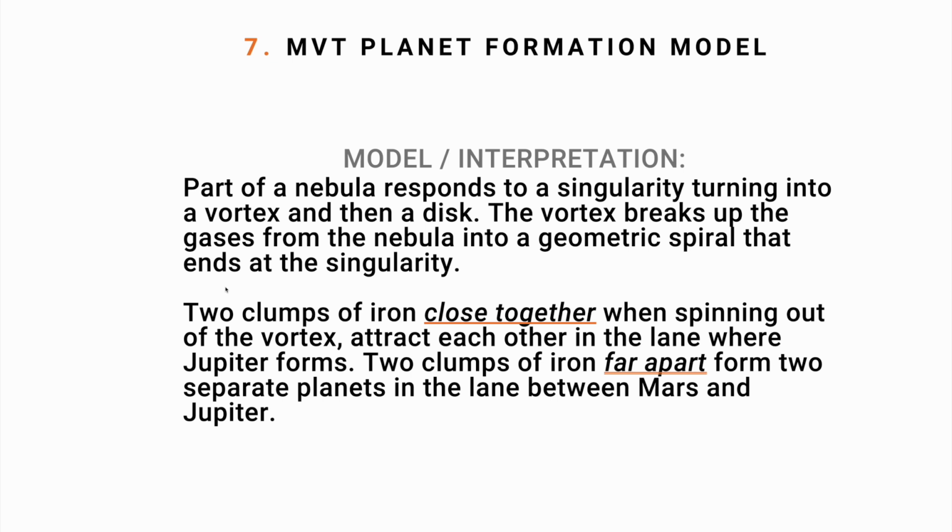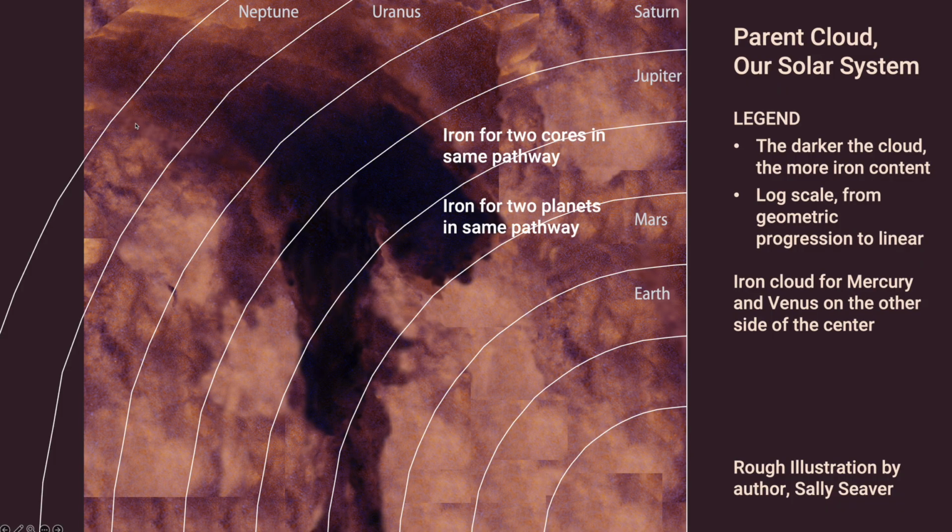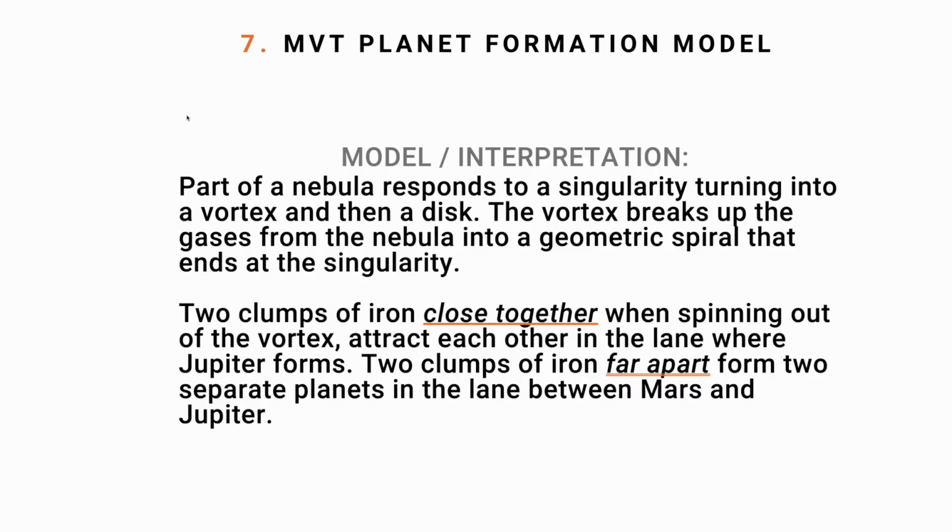So now looking at mass vortex theory, planet formation model, this comes from many observations, not just Jupiter, not just Saturn, but many observations, fitting the information together and looking at how everything can fit together.